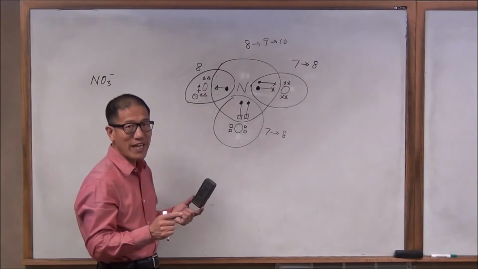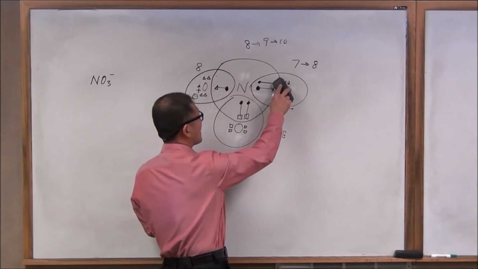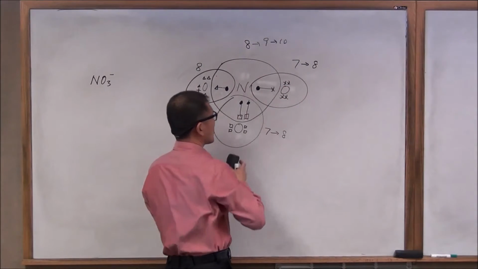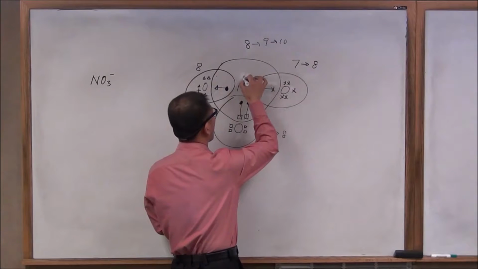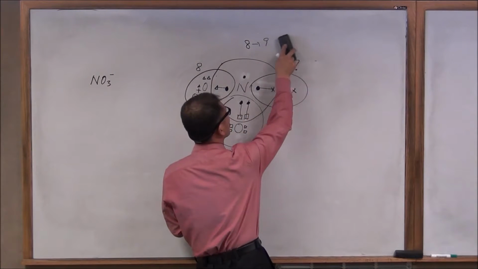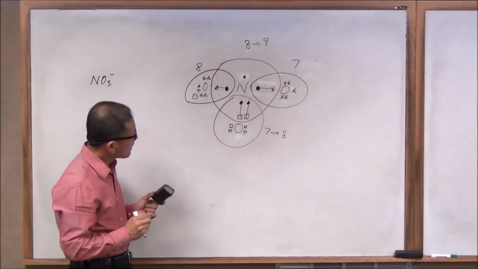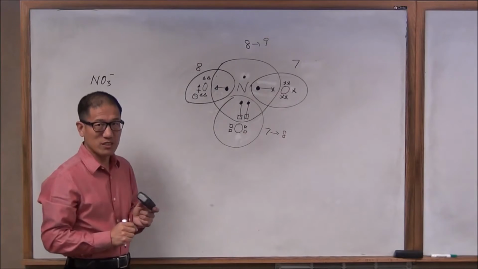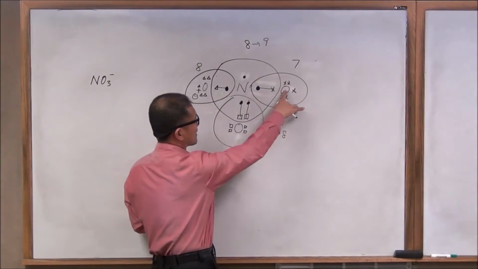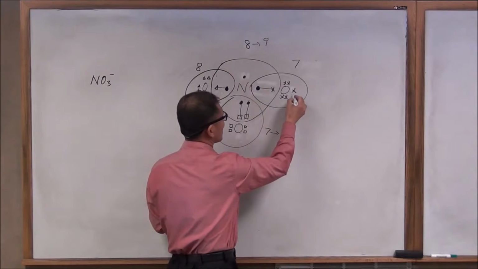So we have to change the method. As I said, this means share does not work. Then we have to roll back all the steps we just did, and let's try if borrow works. Borrow means this has 7, which will borrow 1 from here.